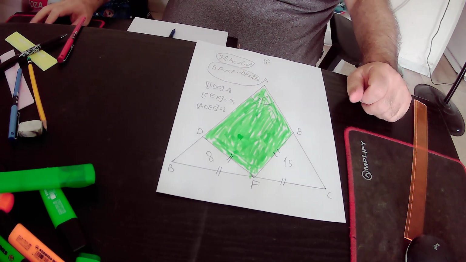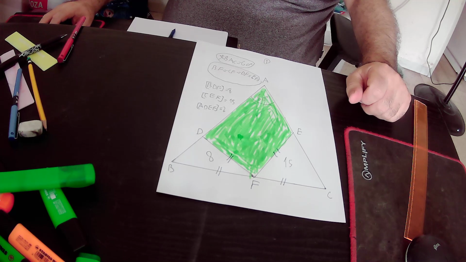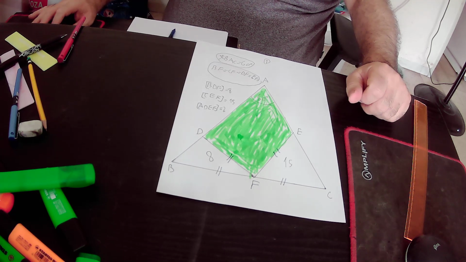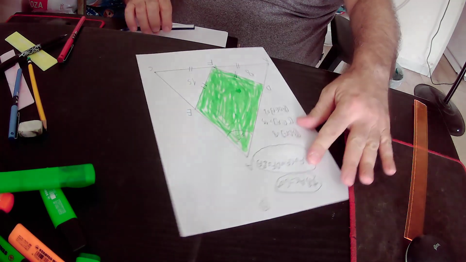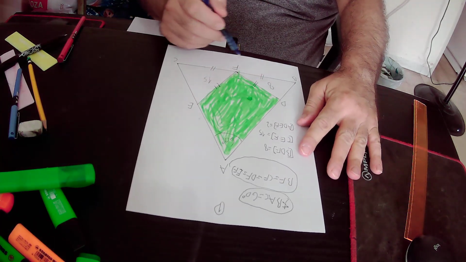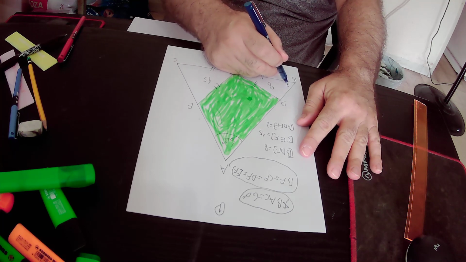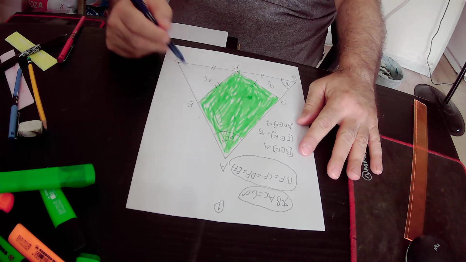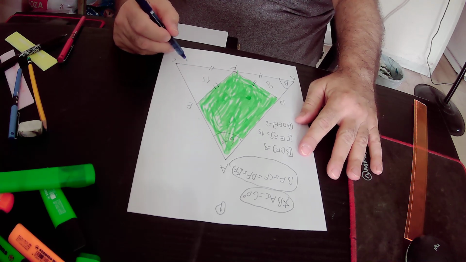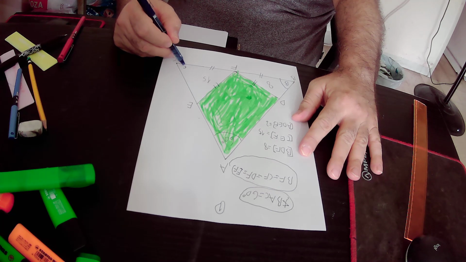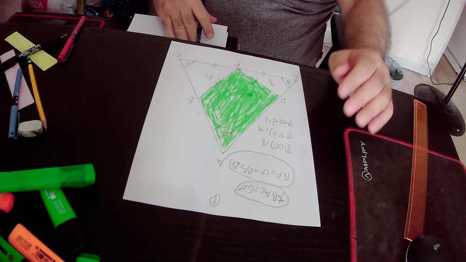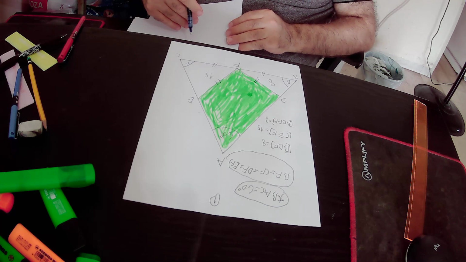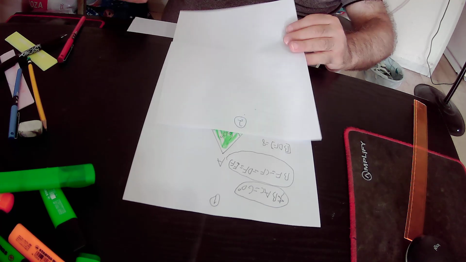Okay, so first of all we will define angle ABC as B, and angle ACB will be defined as C. We have a rule, I will call it rule number 1.